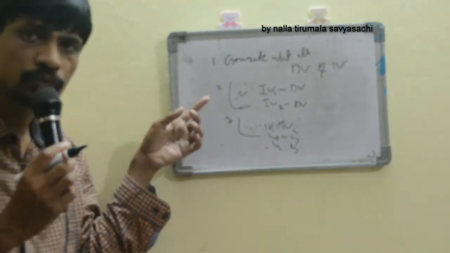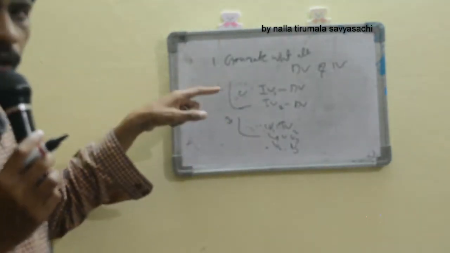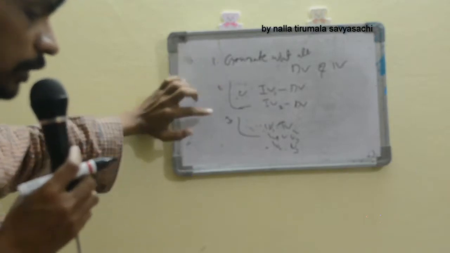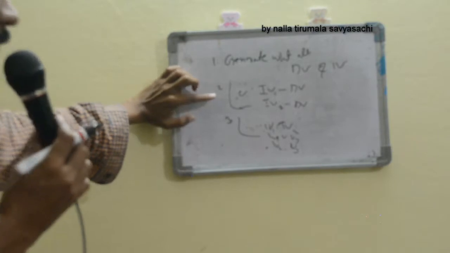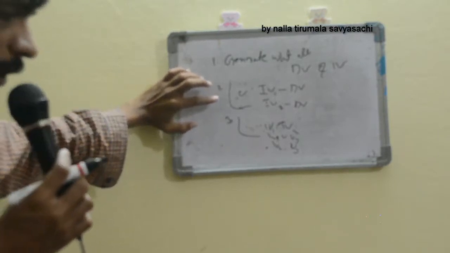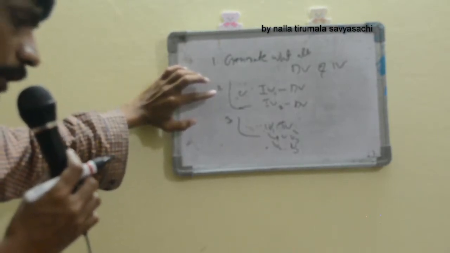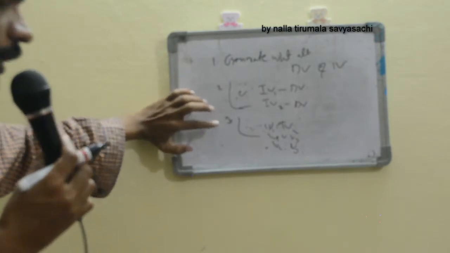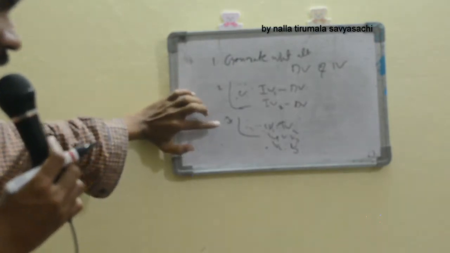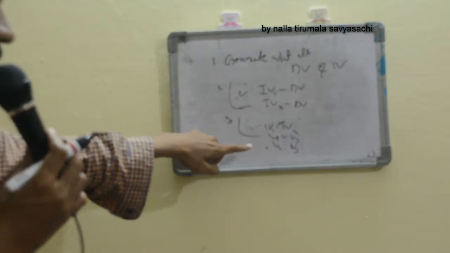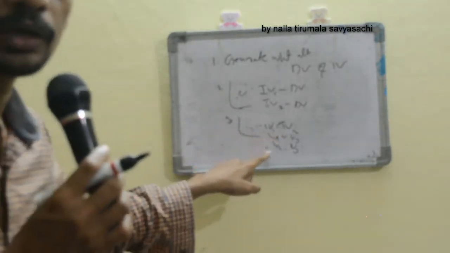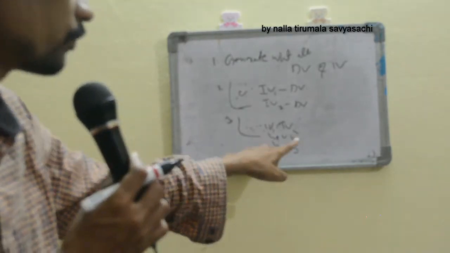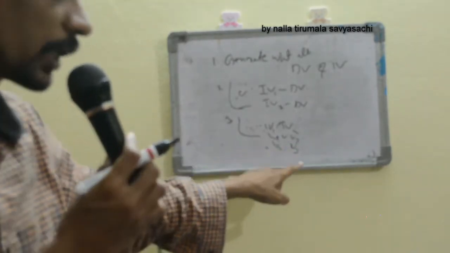So we need to find what are all our dependent variable and independent variables. Then we need to use scatter plots to find the relationship between independent variables and the dependent variable. Third one is using scatter plots, try to find the relationship among independent variables: IV1 with IV2, IV1 with IV3, IV2 with IV3, like this.